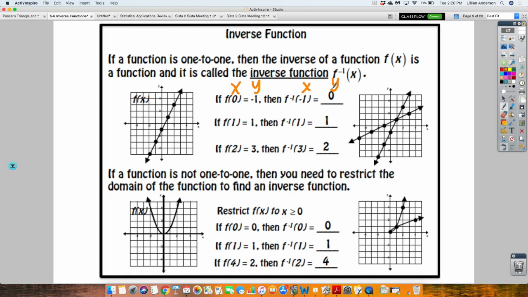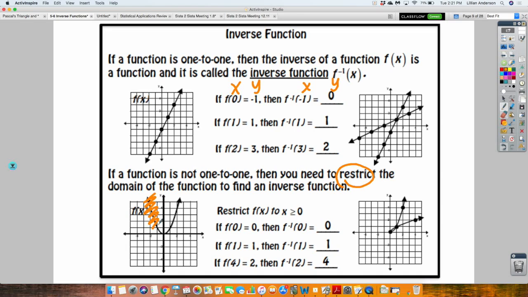Same thing, if you have 1, 1, when you flip it, it still is 1, 1, just on your inverse. If it's 2, 3, then it becomes 3, 2 on your inverse. Okay? Now, if a function is not one-to-one, for example, like the quadratic, then you have to restrict your domain so that you can indeed find an inverse function. Okay?